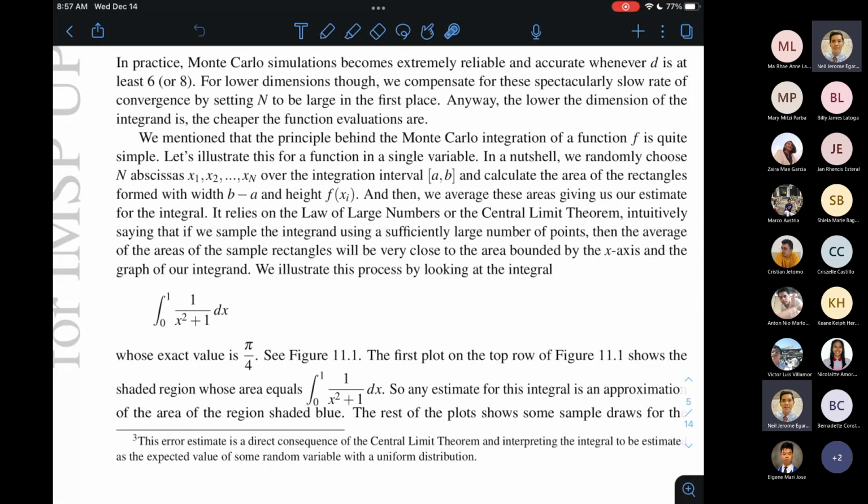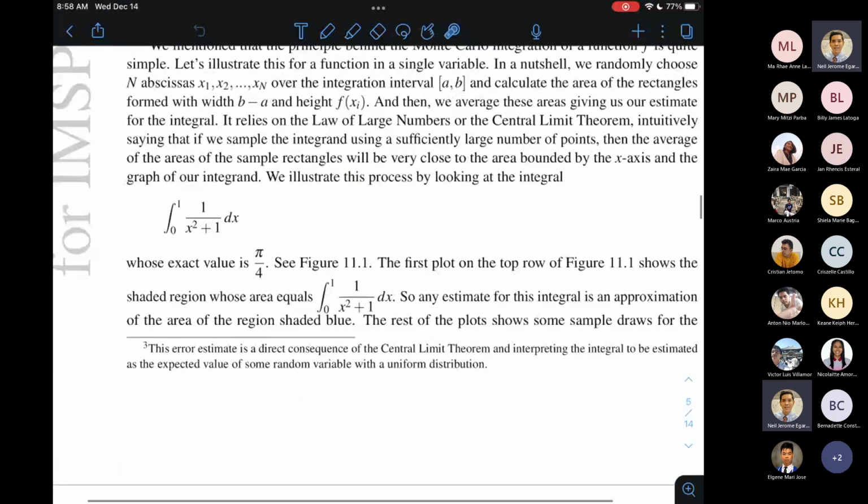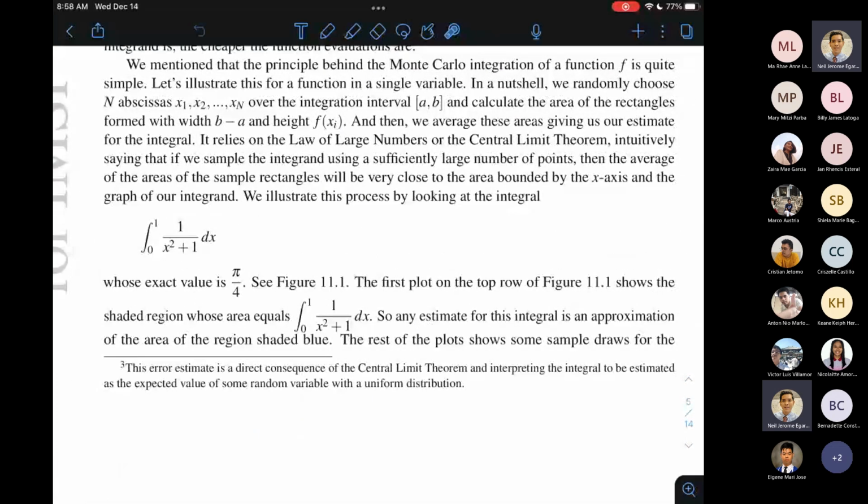So let's illustrate it using this integral, the integral from 0 to 1 of 1 over x squared plus 1 dx ng eksaktong value ay pi over 4. Right? So, una natin gagawin, idea ay pipili ako ng n abscissas over the integration interval.